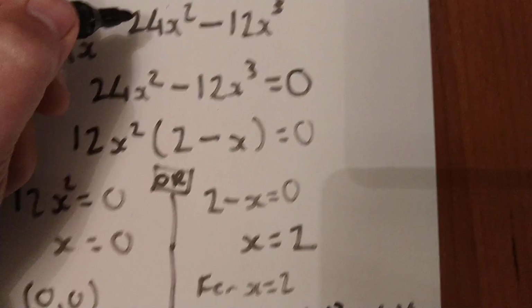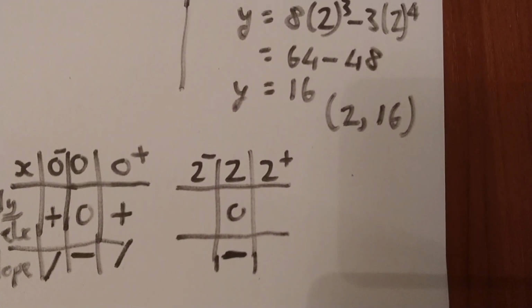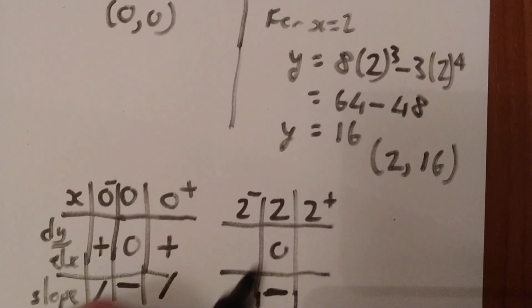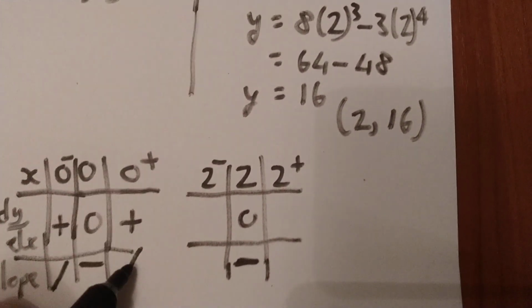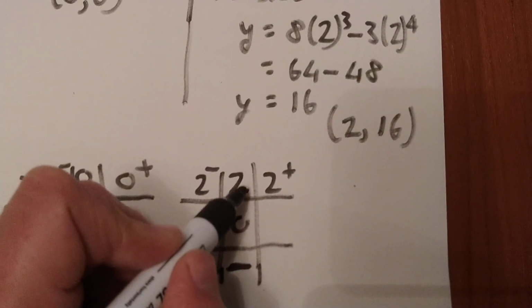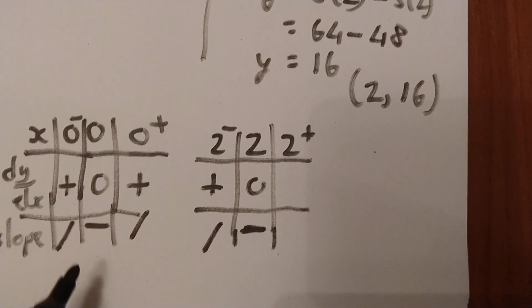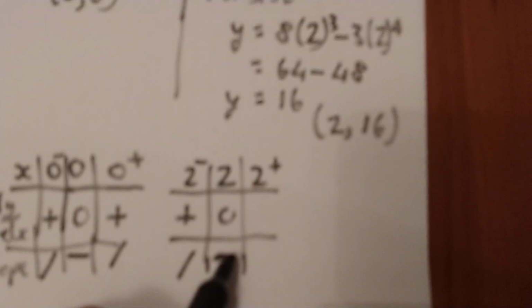If I substitute in 2, my gradient is 0. So that's a stationary point. Before 2, well, again, this is where sometimes I say people merge this table just into 1. These results here will be identical to these, because if I'm picking my number more than 0 is 1, I may as well say my number less than 2 is also 1. So same results. The line left my stationary point here going up and is continuing up here.